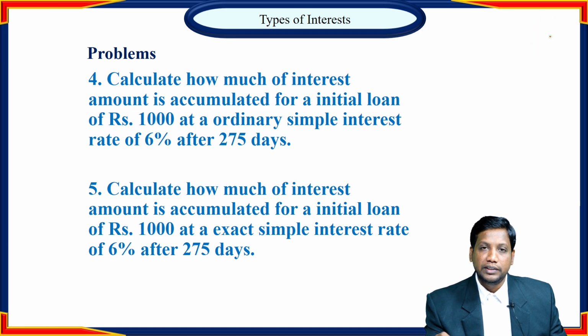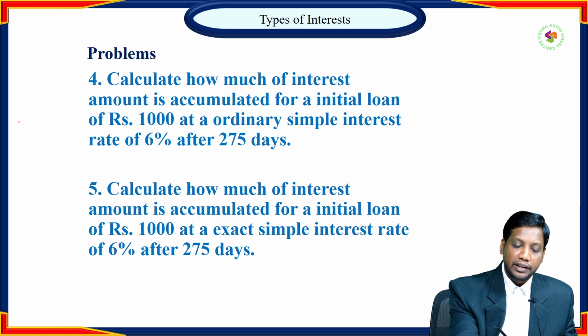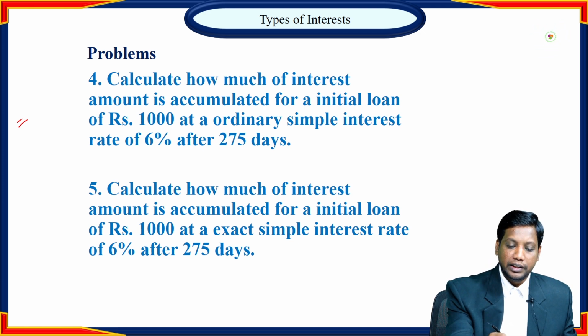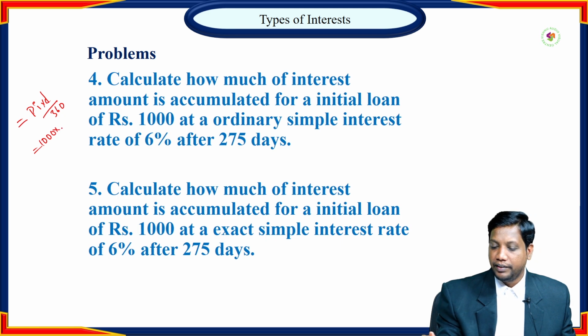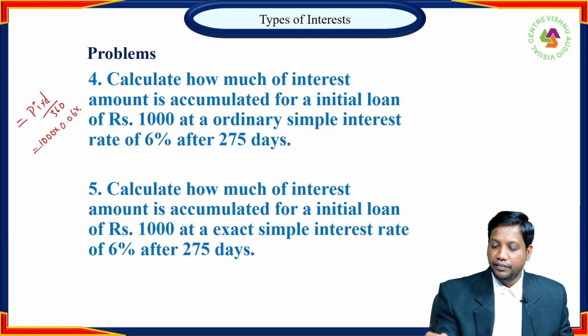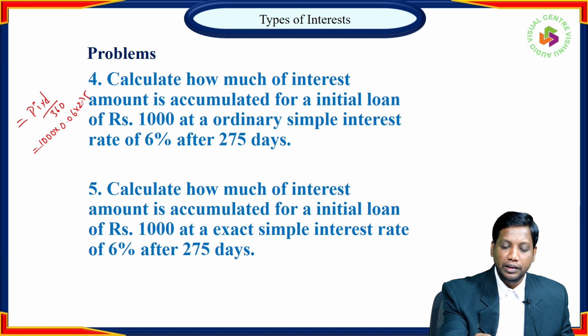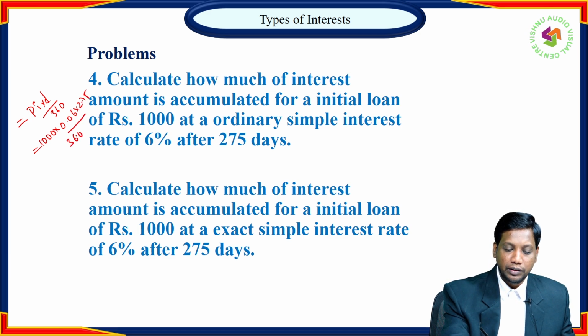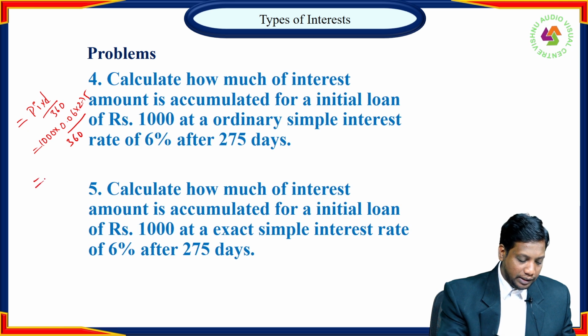So for ordinary simple interest, we can calculate how much amount is accumulated for a given number of days, that is P into I multiplied by D by 360. Okay, so principal amount is 1000, I is given as interest rate 0.06, D is given as 275 divided by 360.